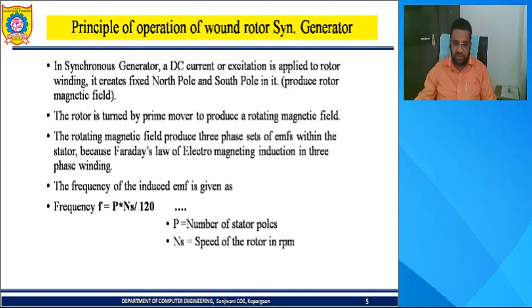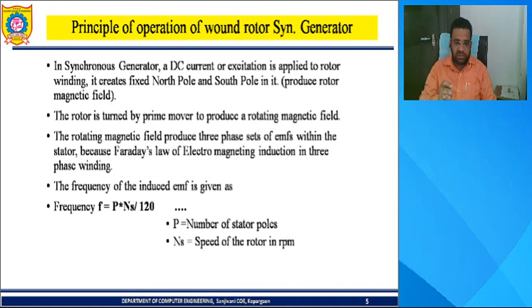Here, the frequency plays an important role. The frequency is given by the number of poles multiplied by the synchronous speed at which the rotor is driven, divided by 120.